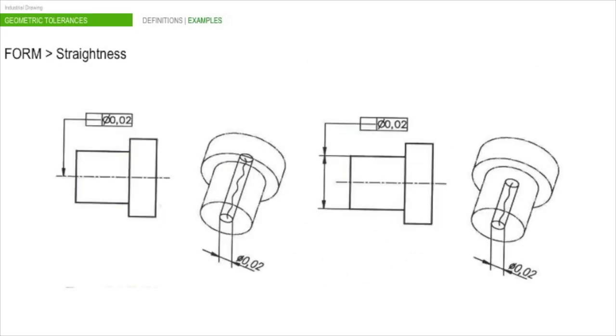In this example, we can see how in the first case the arrow is pointing at the axis, so both parts are affected by the tolerance. In the second case, we can see the arrow is pointing at the extension of the dimension line, which means that the tolerance only affects the left side part.